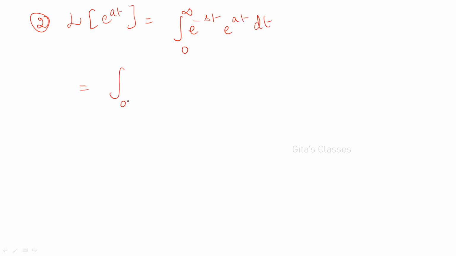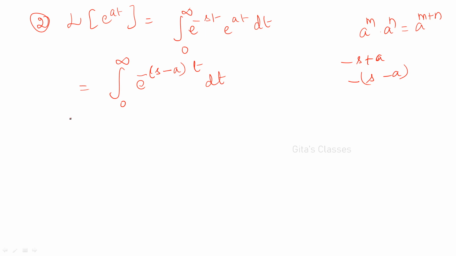This is equal to integral 0 to infinity e power, since a power m into a power n is equal to a power m plus n, you can write e power minus of s minus a into t dt, that is minus s plus a. I am taking minus outside, so minus of s minus a.